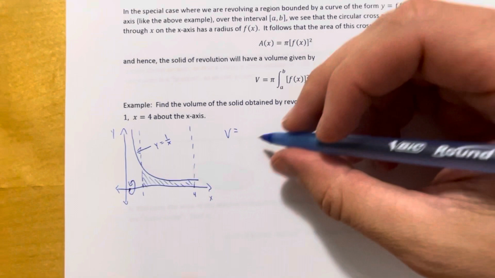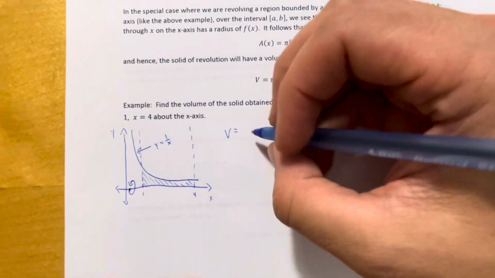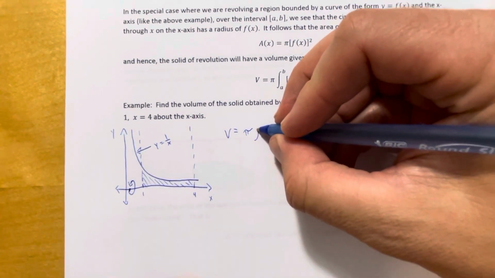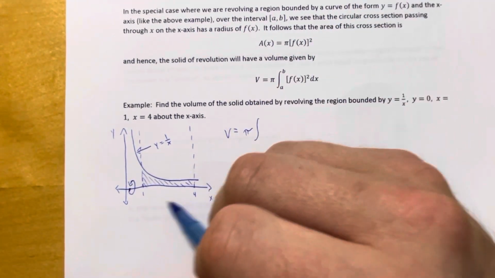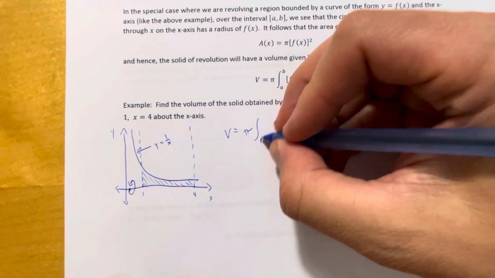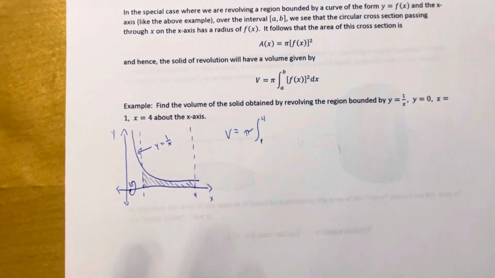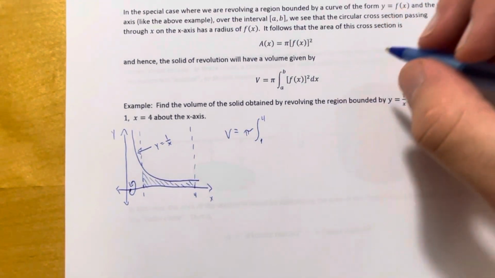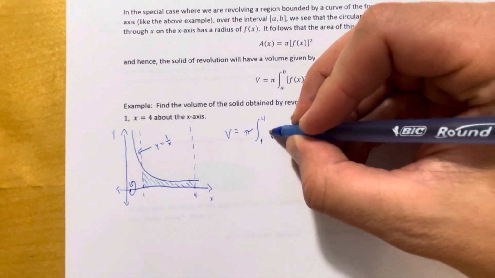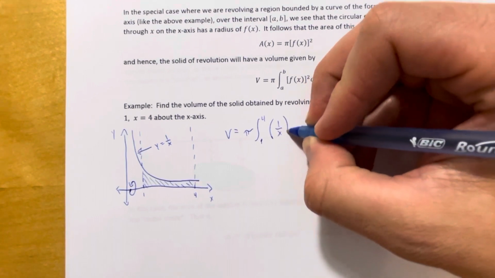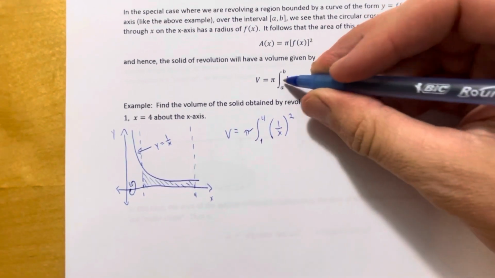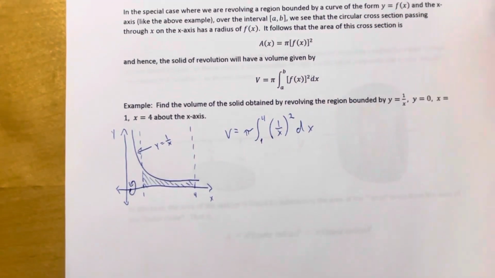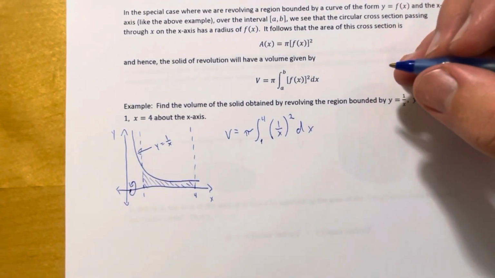So setting up my formula now, V equals pi times the integral from 1 to 4. I'm using the x values that are bounding this region. Pi times the definite integral from 1 to 4 of my function, which is 1 over x, but I have to square it. Remember, pi r squared is what we're looking at here, dx. All right, so that's all fine and good.